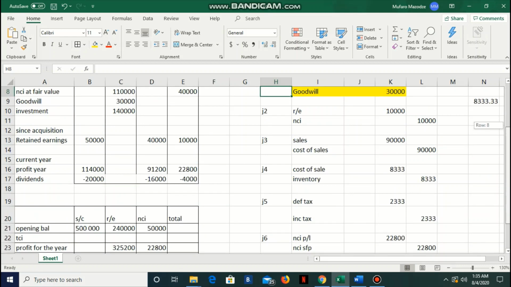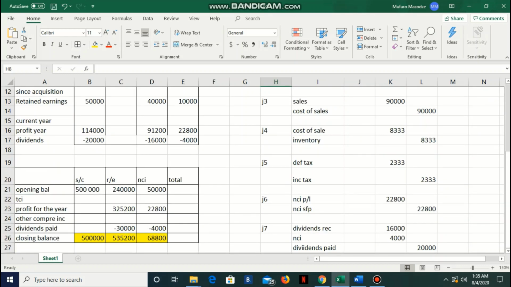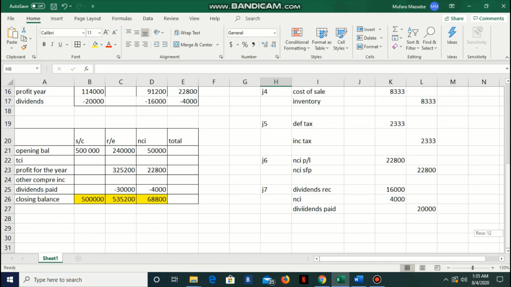It's always good practice to do it on your own, but doing the analysis and the journals pretty much does everything for you. So once you do this, you shouldn't struggle to do the consolidated statement of comprehensive income as well as the consolidated statement of financial position.